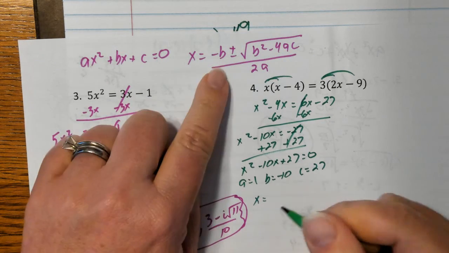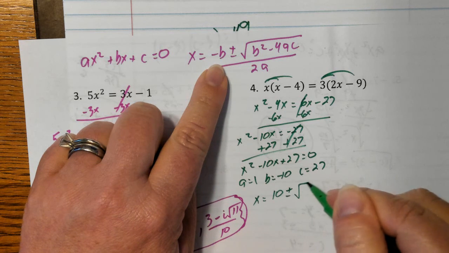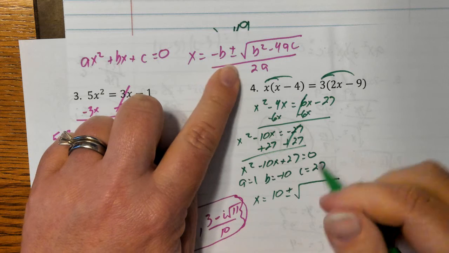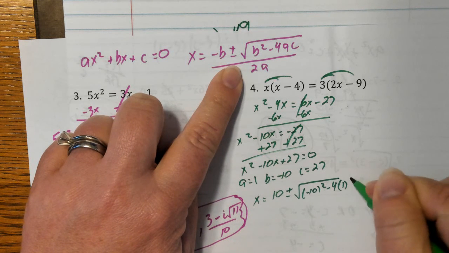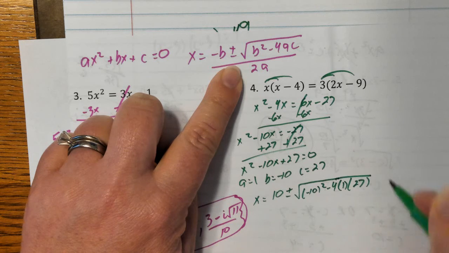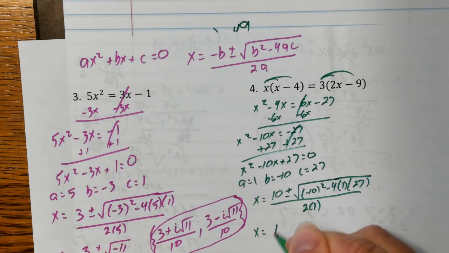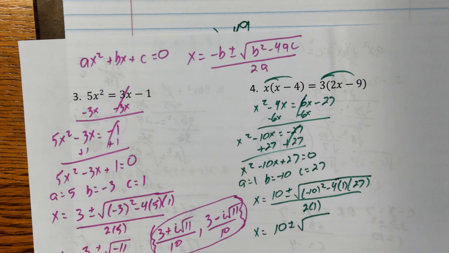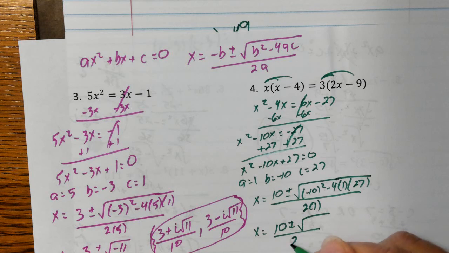So x equals negative b, so in this case it would be a plus 10, plus or minus the square root of negative 10 squared minus 4 times 1 times 27, all over 2 times 1. So 10 plus or minus the square root of whatever that works out to be, divided by, in this case, 2, because 2 times 1 is 2.